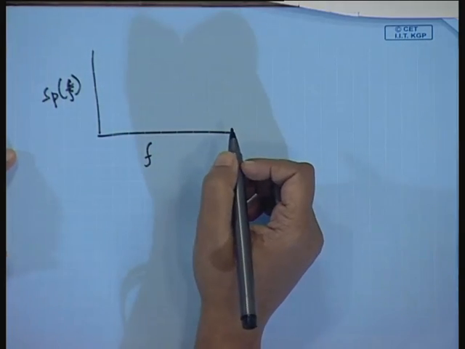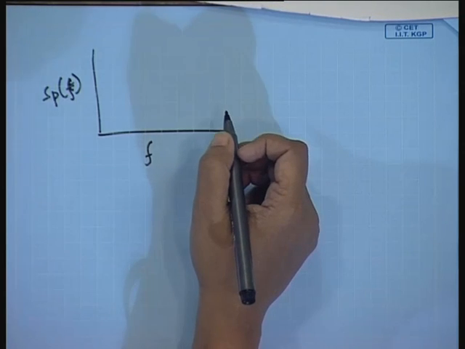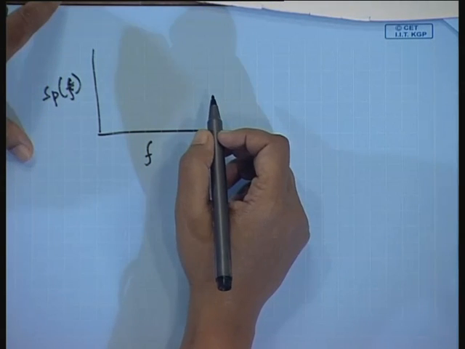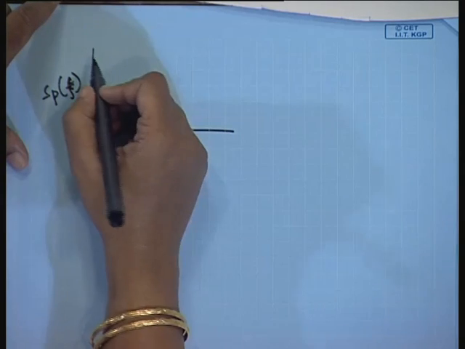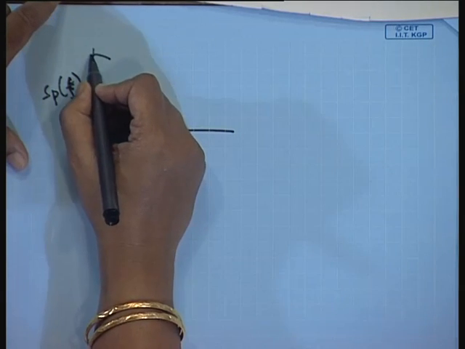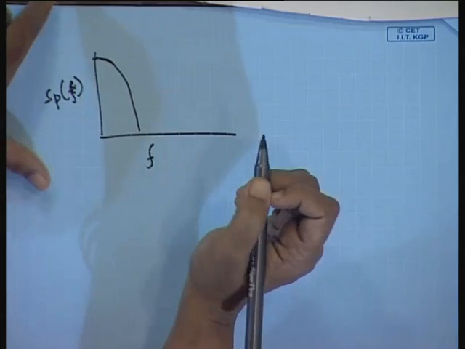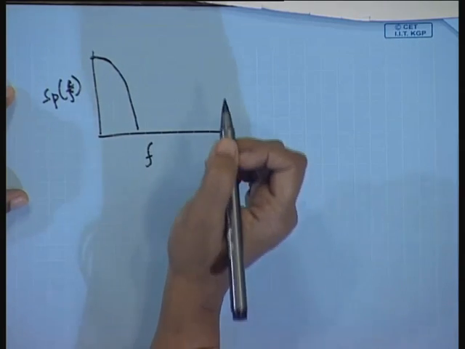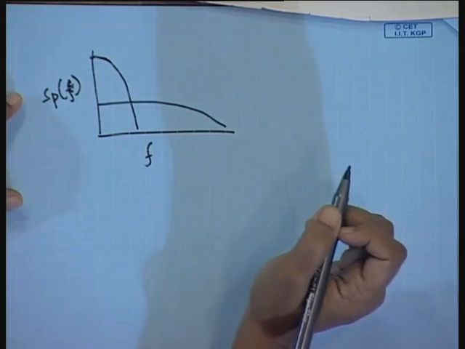Now, when we have a stratified flow distribution or a separated flow distribution, usually we have a peak at 0 frequency and then we have something of this sort. And when we have a dispersed distribution, it is something of this sort.